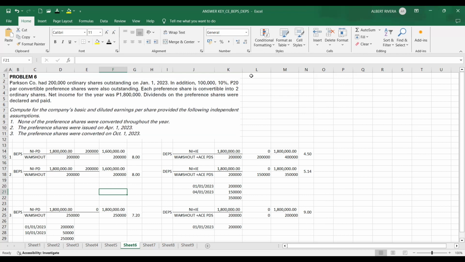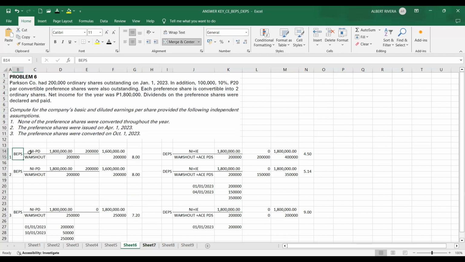Okay, let's go to the requirement. Compute the basic and diluted earnings per share, given the following independent assumptions. Scenario number 1: none of the preference shares were converted throughout the year. We have the basic earnings per share.